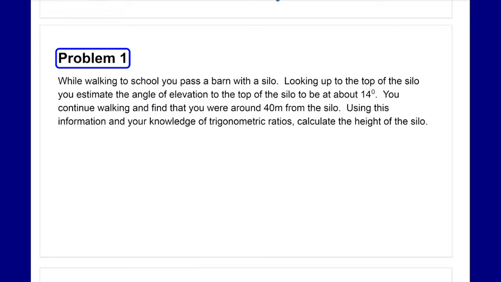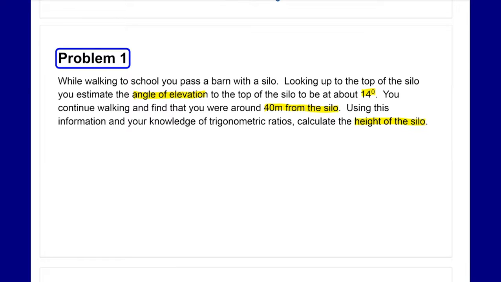Because we're only dealing with right-angled trig right now, we have to assume that we're going to have a right-angled triangle somewhere in this question. And hopefully from reading through it, you see where that's going to be. We have an angle of elevation that's 14 degrees. We're at 40 meters from the silo, and you're looking for the height of the silo.